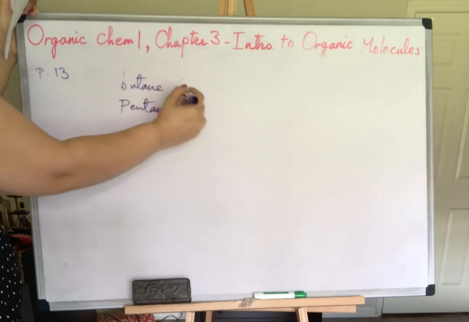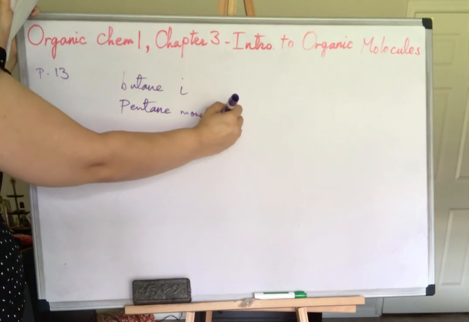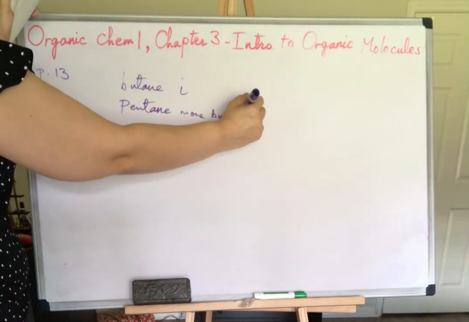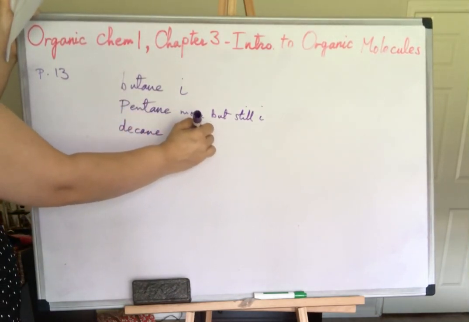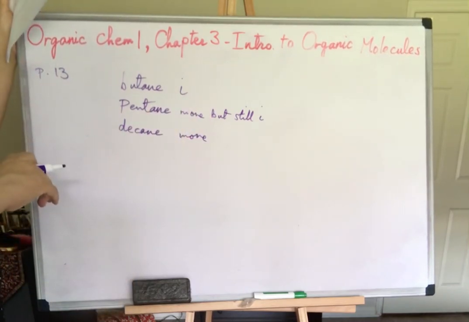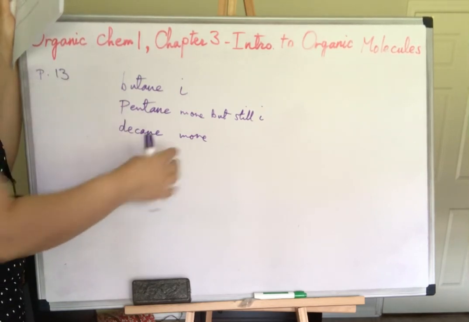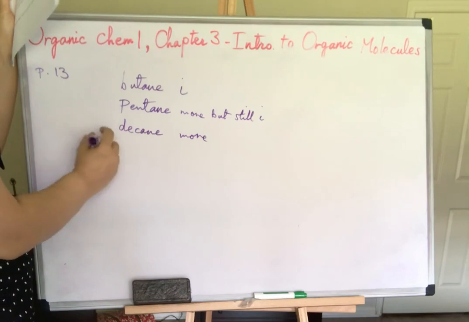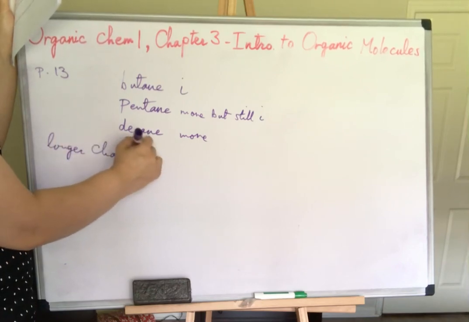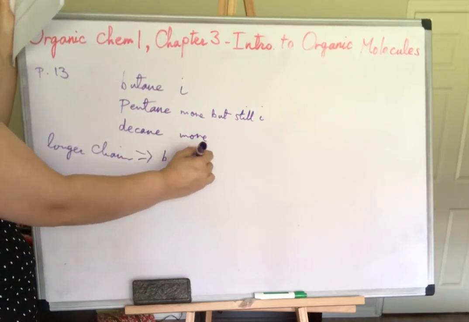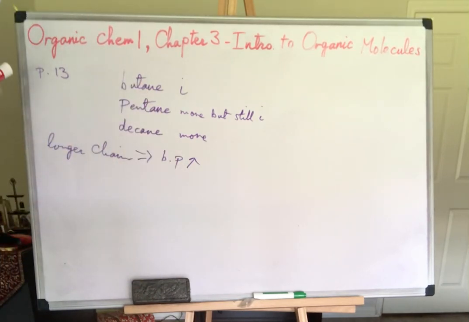It might not be visible if you do it in test tube, but still we see insolubility. And for decane, you will see more solubility. Maybe you see one phase this time. So as the carbon chain gets longer, the boiling point increases a little bit. Boiling point increases because of the surface area, because the London forces are going to increase.